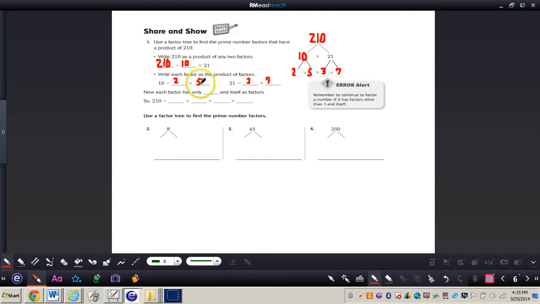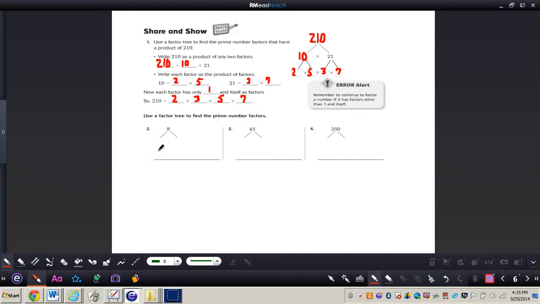Now each factor only has 1 and itself as factors. 2 times nothing else other than 1 equals 2. 5 times nothing else other than 1 equals 5. And it's the same for 3 and 7 as well. So now we want to write these in order from least to greatest. So we have 210 equals 2 times 3 times 5 times 7.